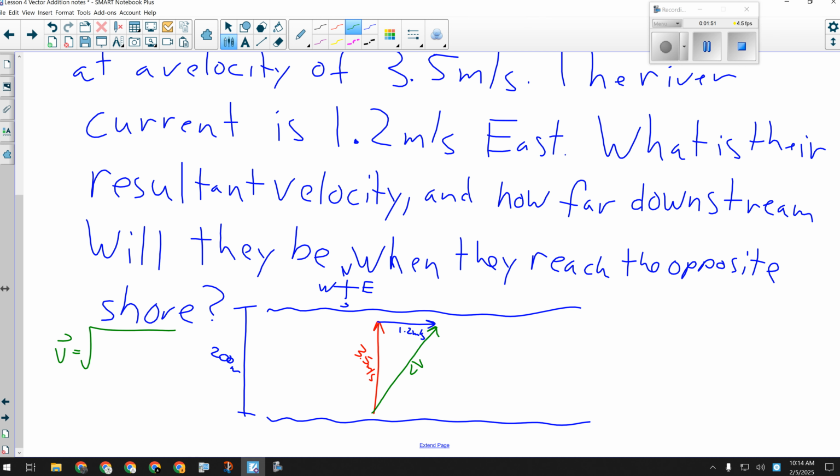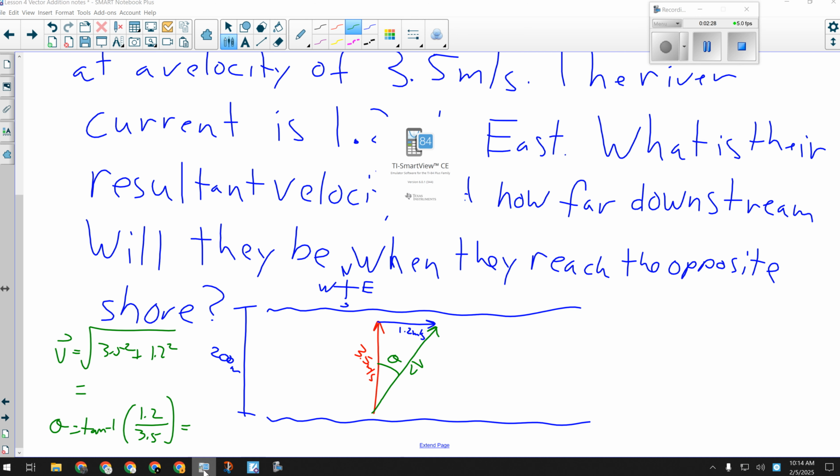To get the angle, it doesn't ask for a particular angle, so we can just find this one within the triangle. That'll be east of north. So theta will equal tan to the minus 1 of the opposite side, 1.2, over the adjacent side, 3.5. We'll get that as soon as my calculator fires up.